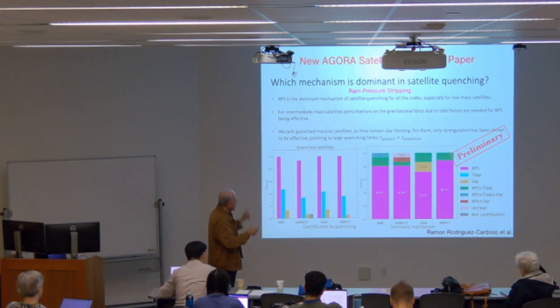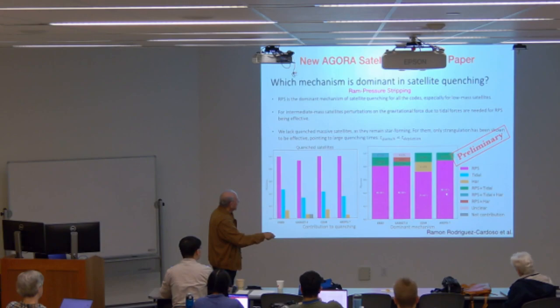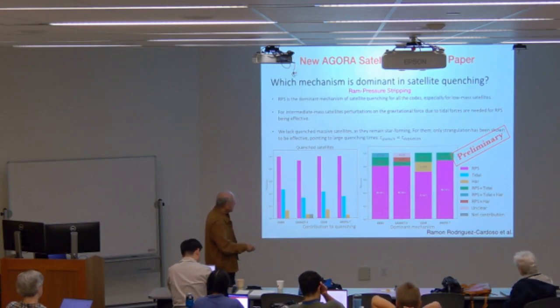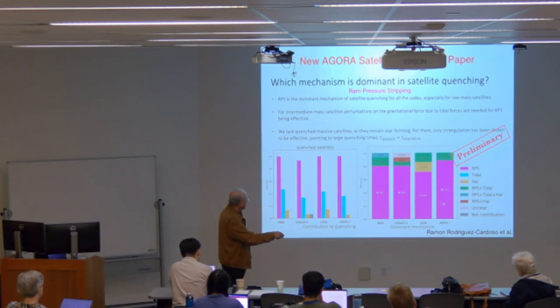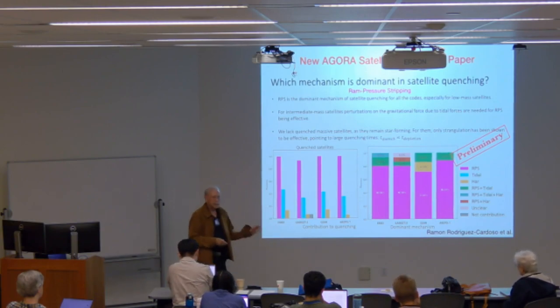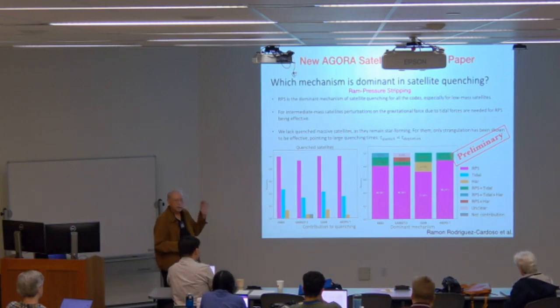This is four of the simulations looking at the satellite quenching. This will be done for the other simulations. It just hasn't been done as of last I saw reports from this group. So what you're seeing is that overwhelmingly it's ram pressure stripping in these simulations that's causing satellite quenching.